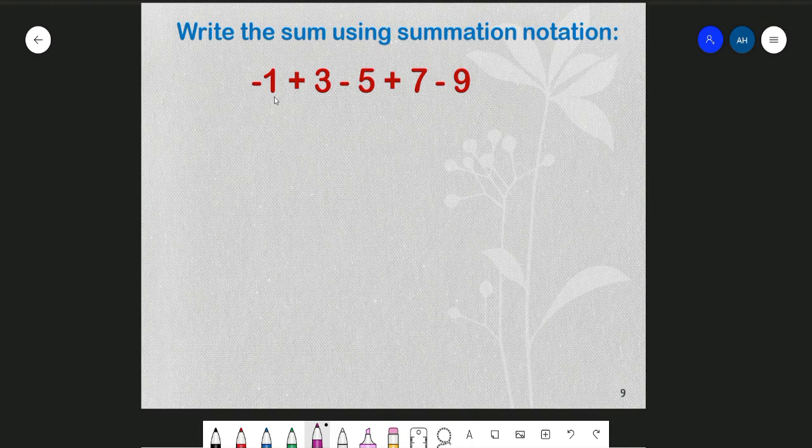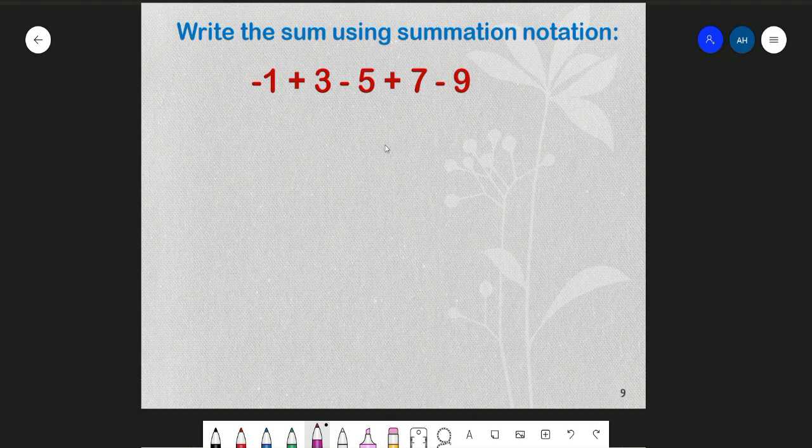First negative and then positive, and then negative again, and then positive, and then negative again, and so on. So we have to take care of both issues: the sequence of the numbers, and at the same time the alternating of the sign from positive to negative.